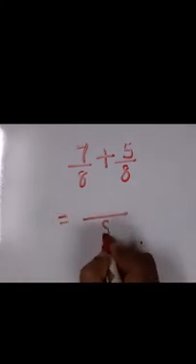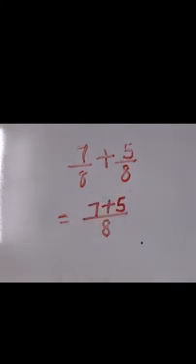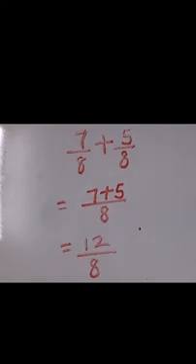So that's 8 and then 7 plus 5. Add, children, 7 plus 5. Yes? 7, 8, 9, 10, 11, 12. So that's 12 upon 8. Right? So children, this you can do for your homework.